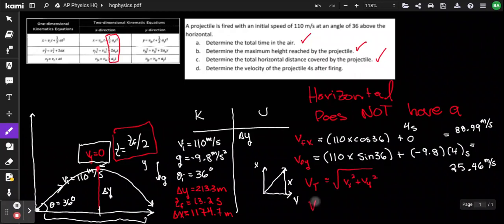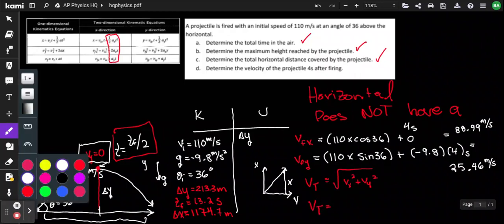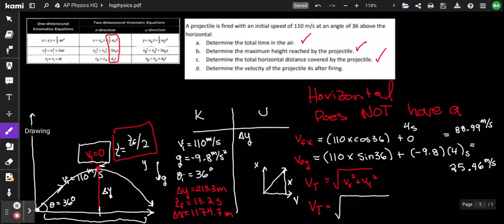So plugging this in, vt is going to be square root of 88.99 squared plus 25.46 squared. Now I'm going to plug this into the calculator. The square root of 88.99 squared plus 25.46 squared. And that's going to give us 92.56 meters per second.